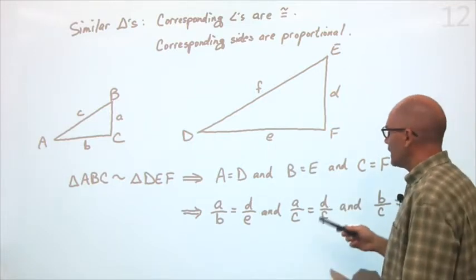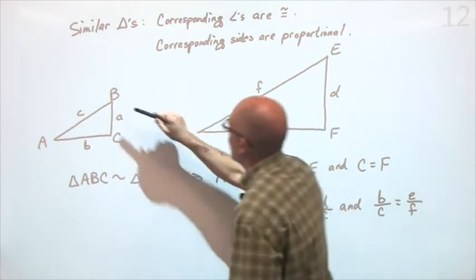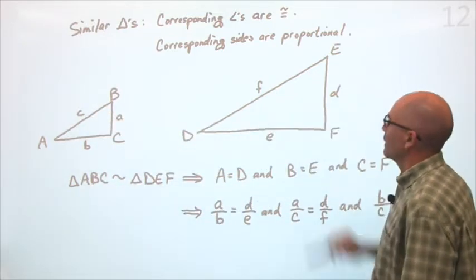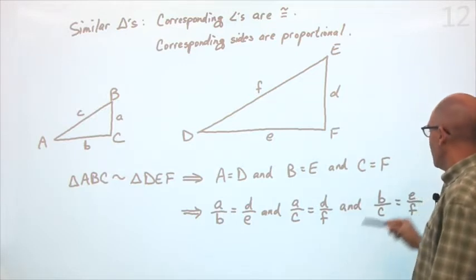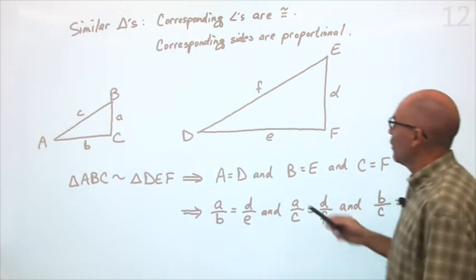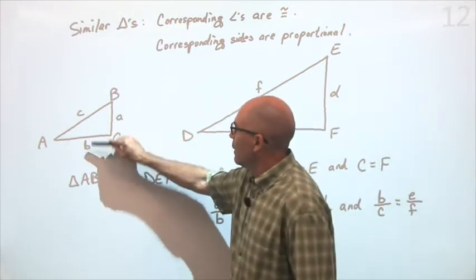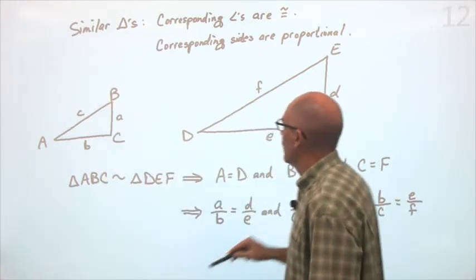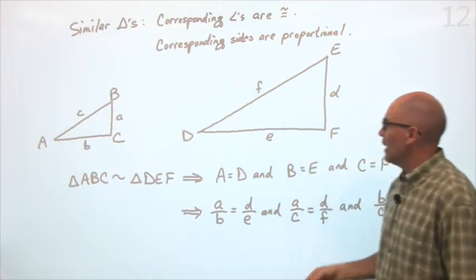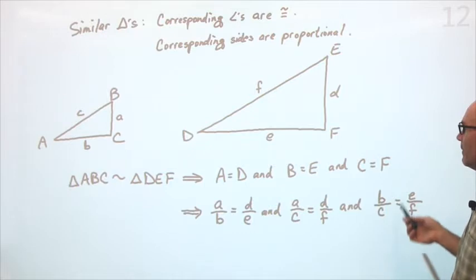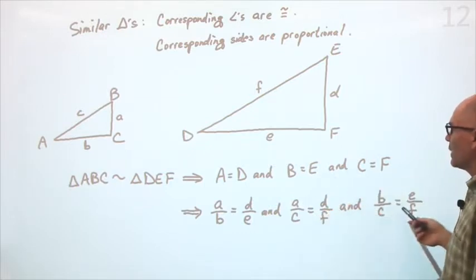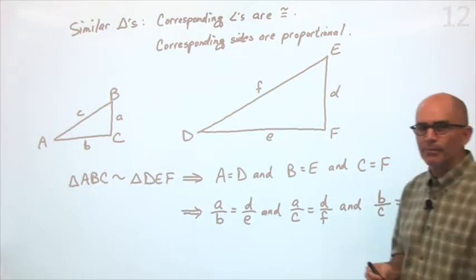And A over C equals D over F. So right over left equals right over left. And B over C equals E over F. So bottom over top equals bottom over top. So that's what it means to be similar triangles. All three angles congruent, all three sides are proportional.